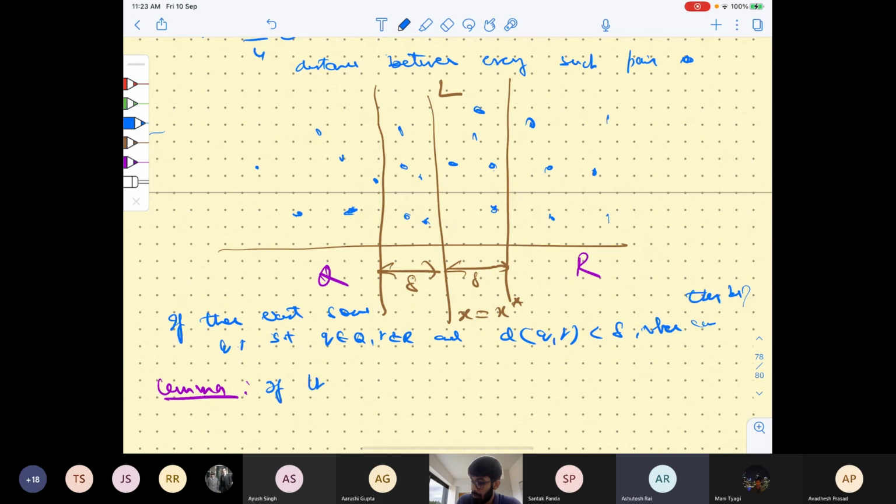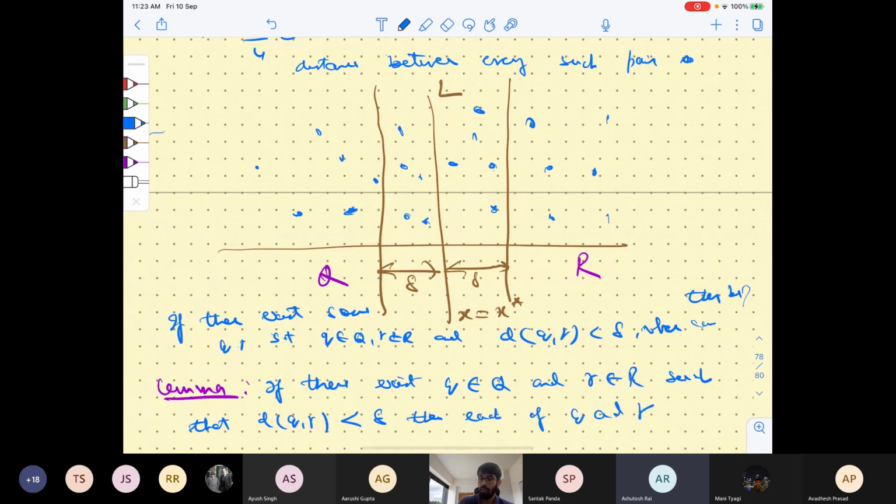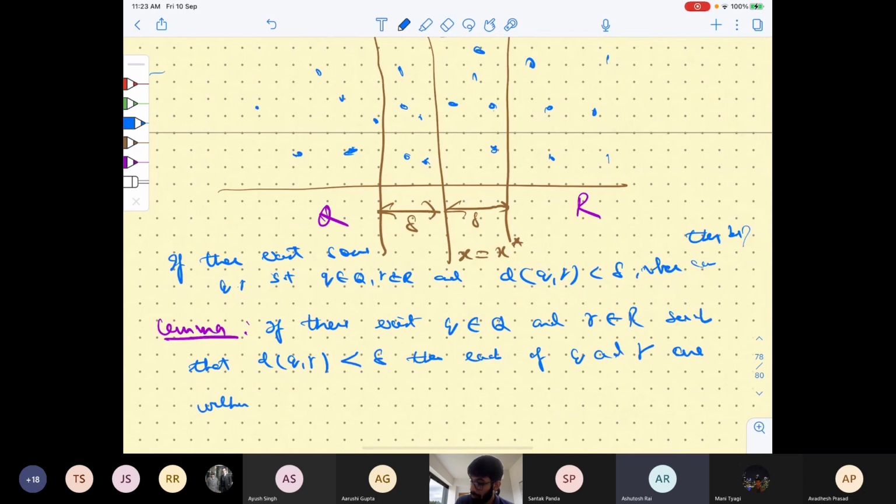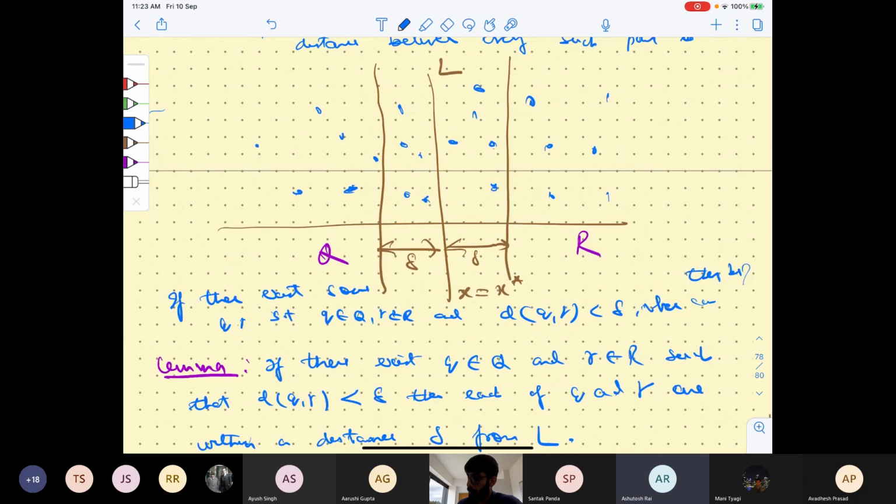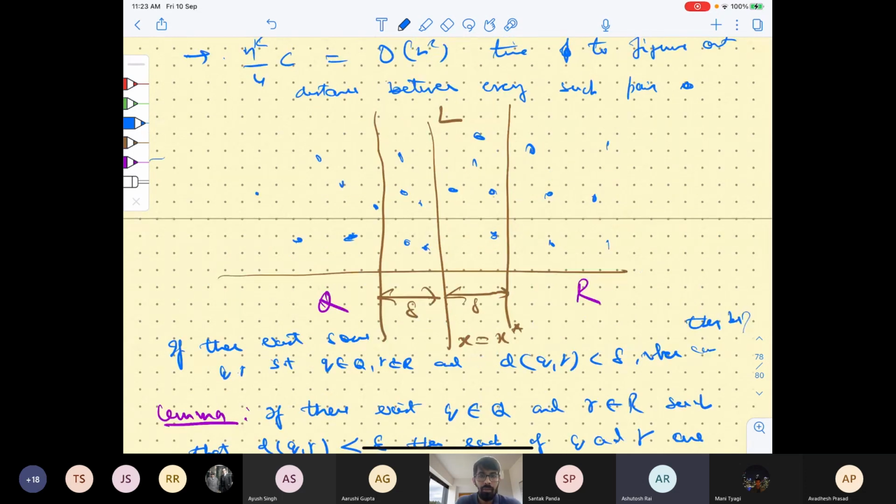If there exists q belonging to Q and r belonging to R such that d of q comma r is less than delta, then each of q and r is within a distance delta from L.